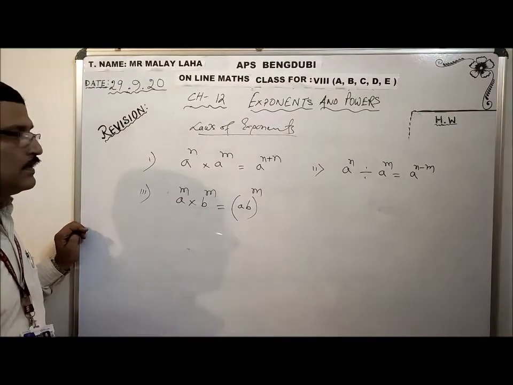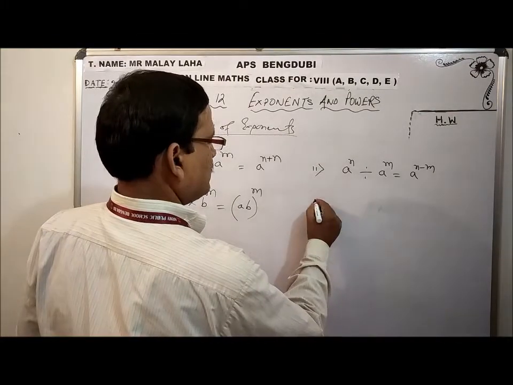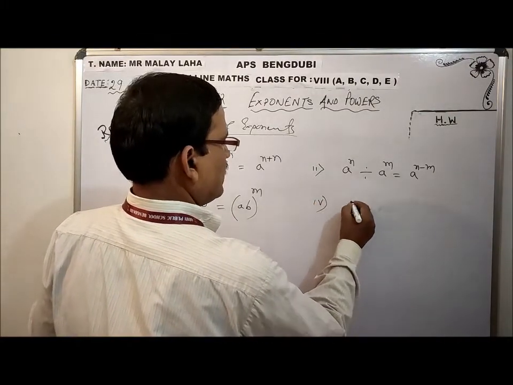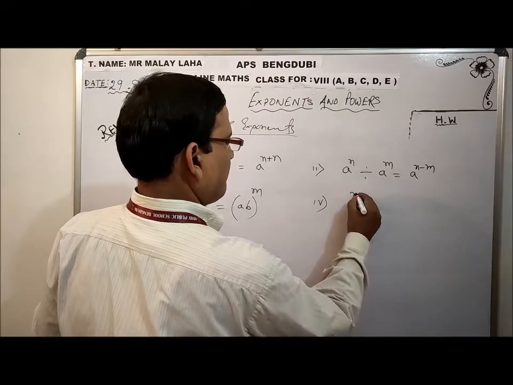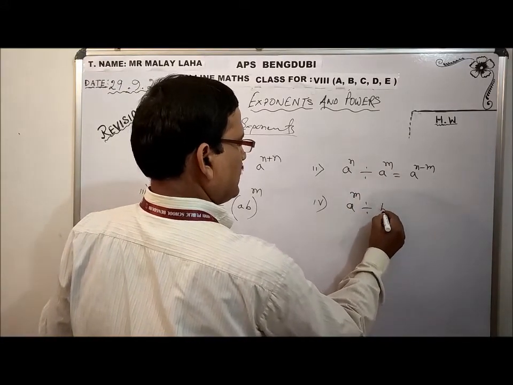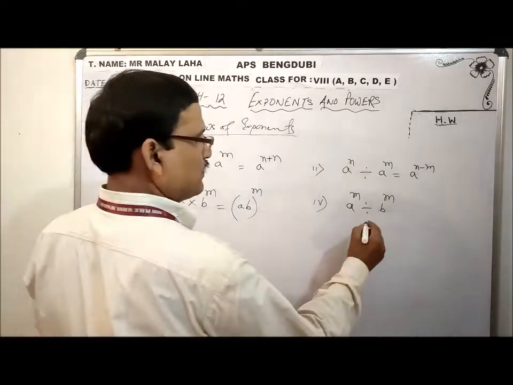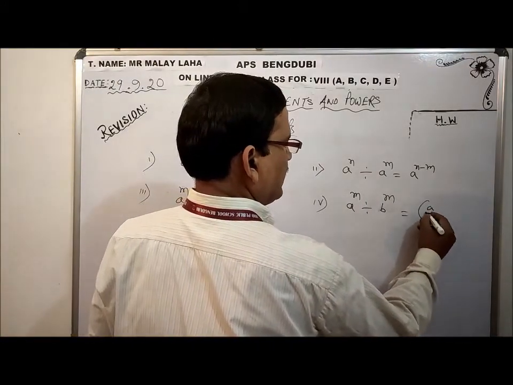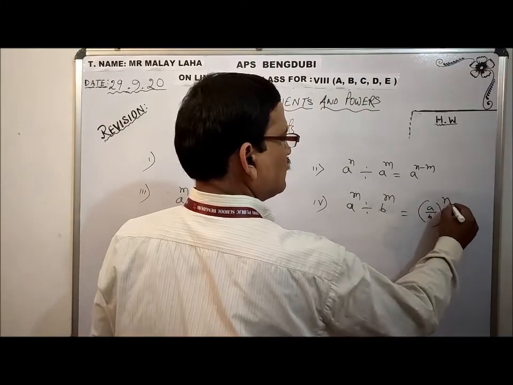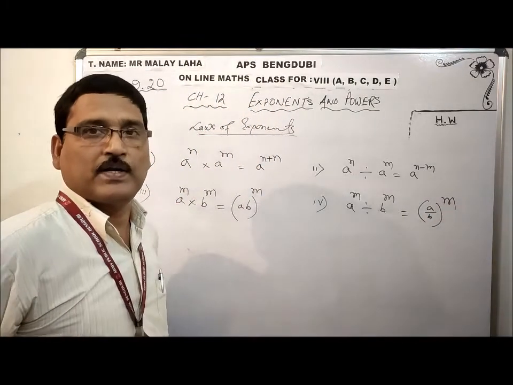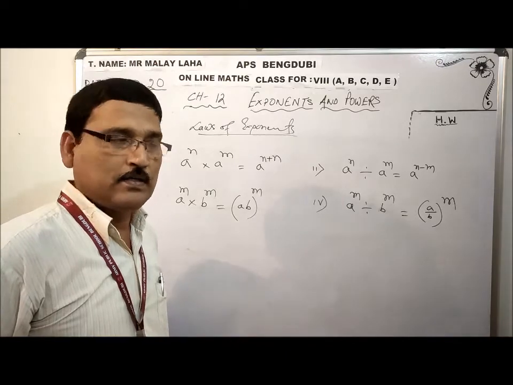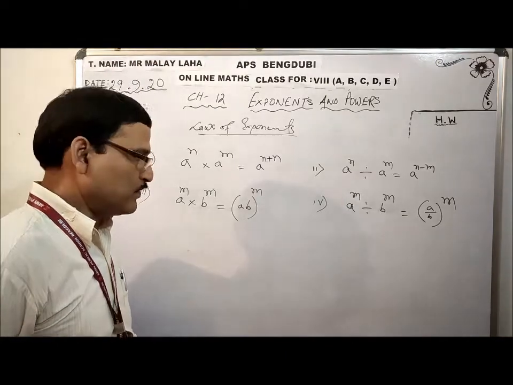Are you clear? Same way, in case of division, a raised to m divided by b raised to m. Power is the same. Division case, what to do? I will divide a by b, raised to m under one power m. Got it? In application you will come to know.